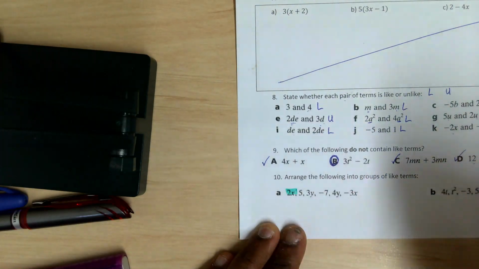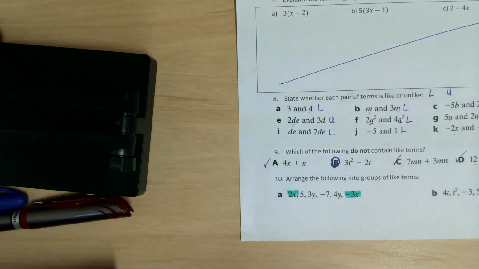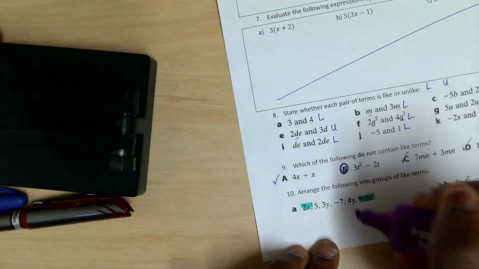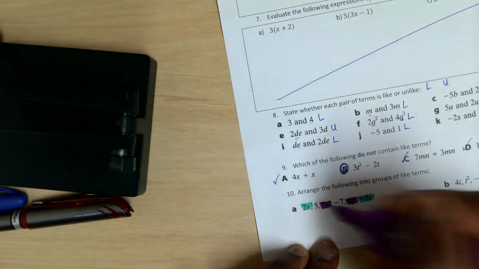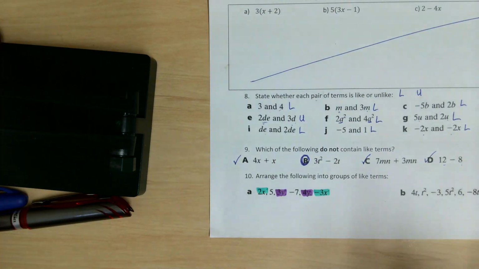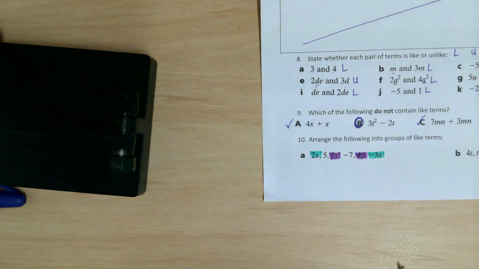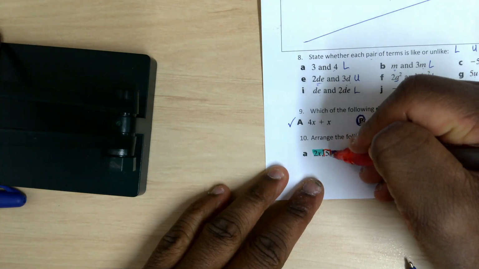So I've got an x term and a negative 3x term, they're alike. I've got a 4y term and another 3y term, so they're both y variables. And then my last two are my numbers. So let me just put that in red.